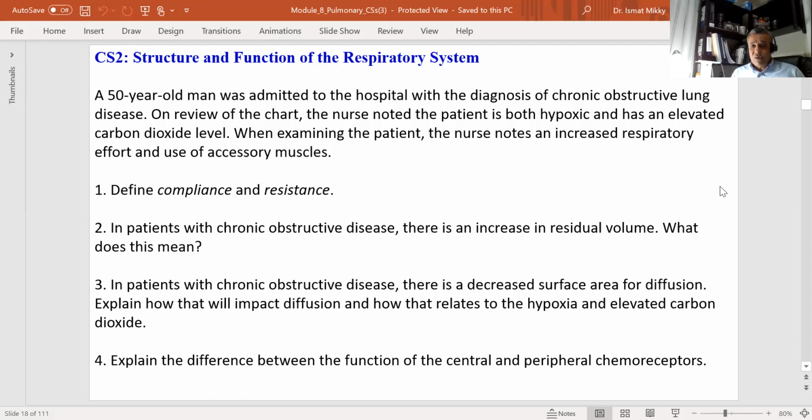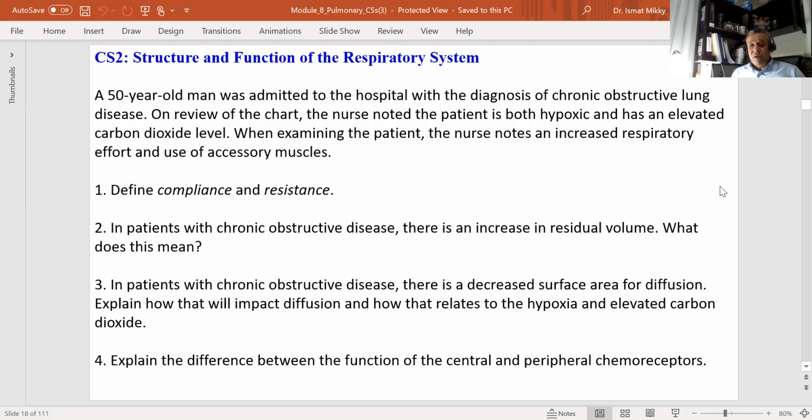So the level of CO2 affects the central receptors. In other words, central receptors are largely responsive to the levels of CO2 in the blood, PaCO2. Now, these are very important in the minute-to-minute control of respiration.